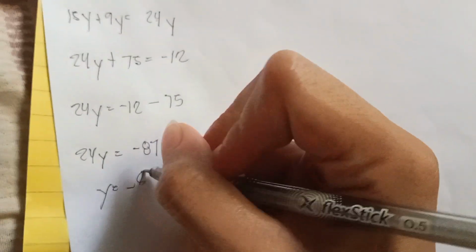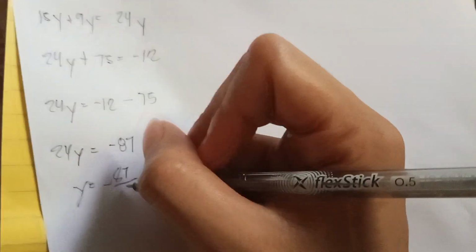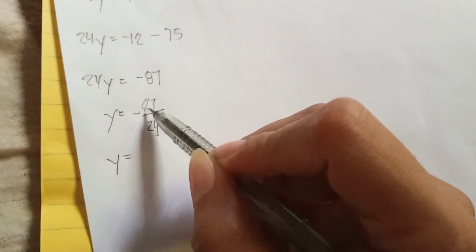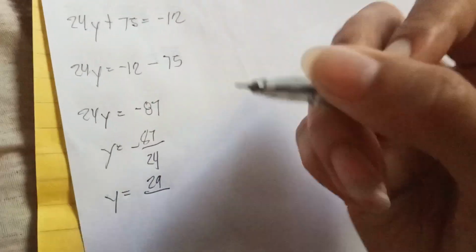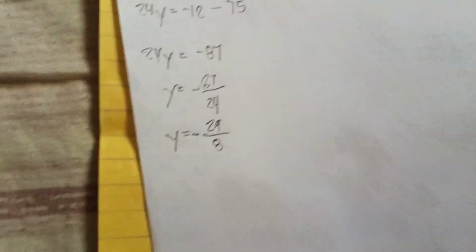So we're going to solve for y. Divide both sides by 24. So y equals negative 87 over 24. So we're going to simplify the fraction. We're going to divide numerator and denominator by 3. So our y is 87 divided by 3 is 29, and 24 divided by 3 is 8. And don't forget the negative sign.